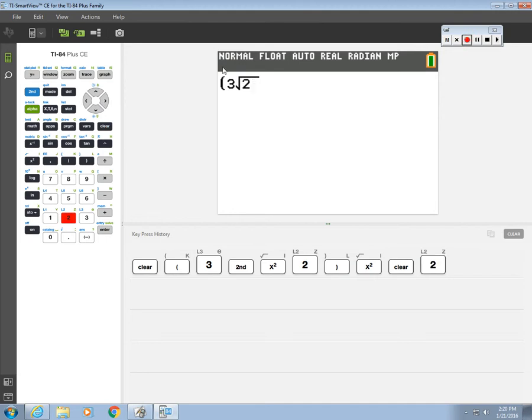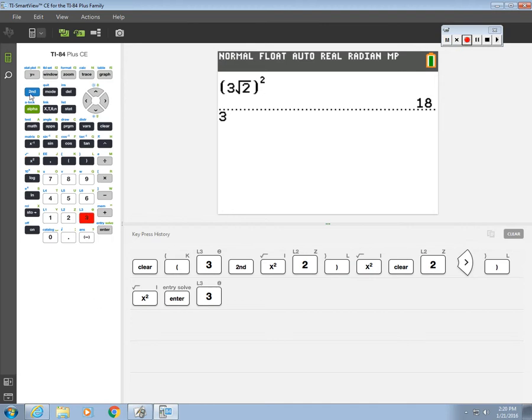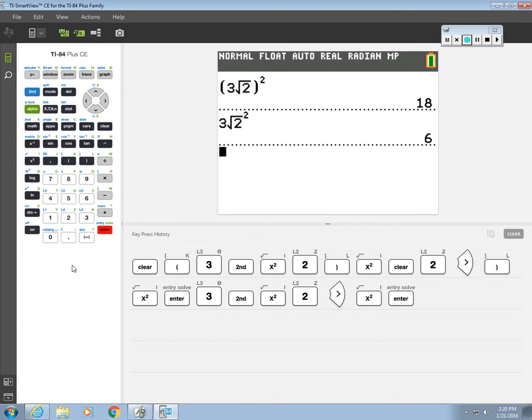After I put that 2, I'm still up under the square root, so I need to arrow over to let it know that's the only thing that goes under it. Then I square it, and I get that. Or what if I type it in like this? 3 square root 2, arrow over, and then square it. They're obviously different answers, so only one can be correct. What's correct?